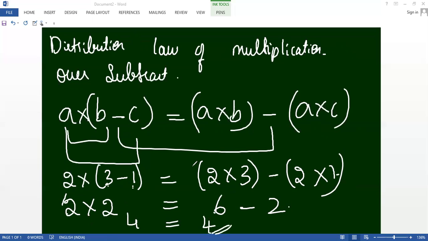So this is equal to 4. This property proves it.